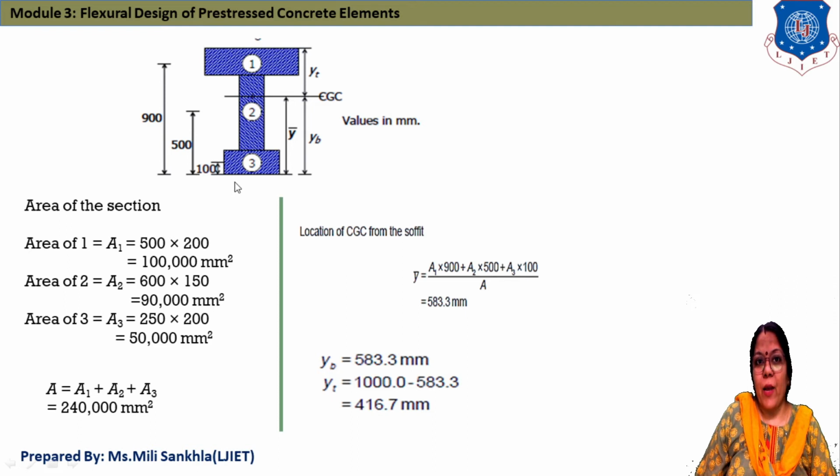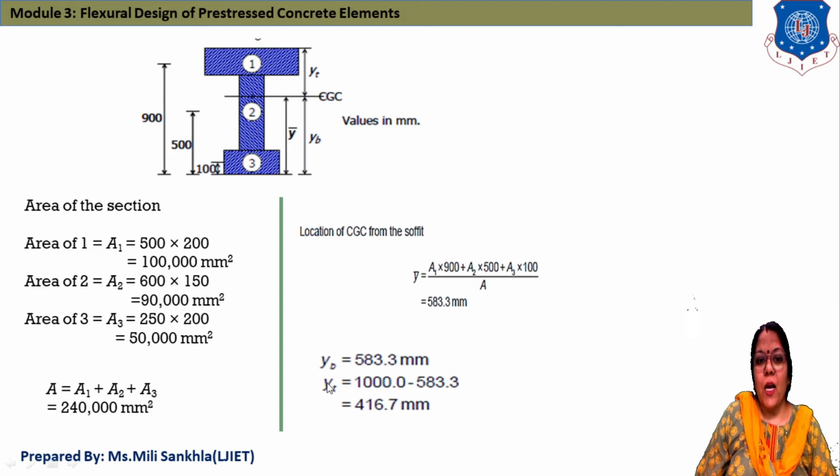Y bar is equal to A1Y1 plus A2Y2 plus A3Y3 divided by A1 plus A2 plus A3. A1 we already found out, Y1 is equal to 900, that we just discussed. Then A2, Y2 is equal to 500, A3 and Y3 is equal to 100. And my answer of this Y bar from bottom soffit of CGC level is equal to 583.3 mm.